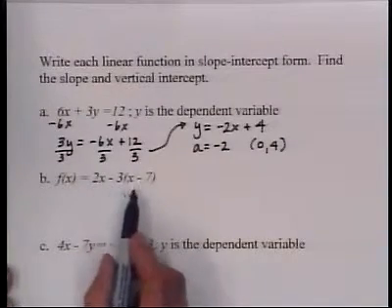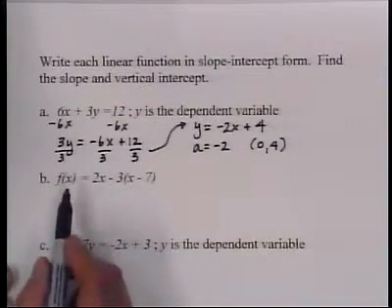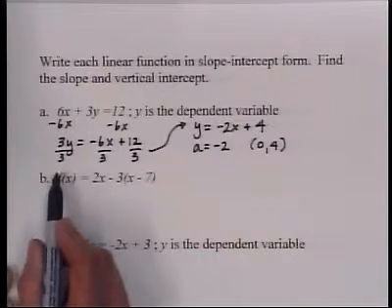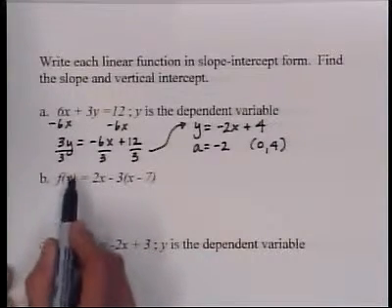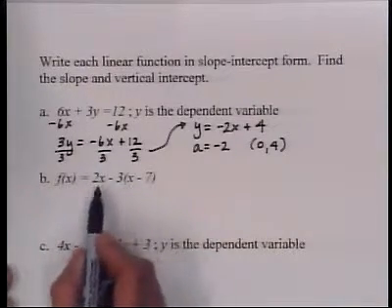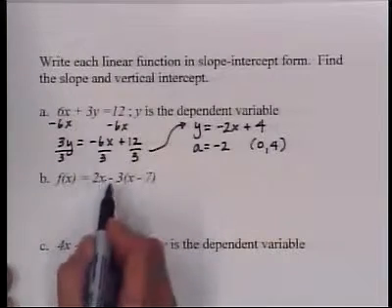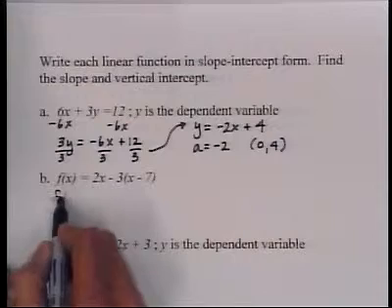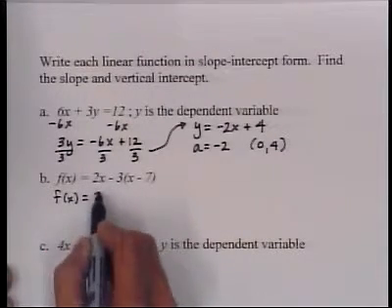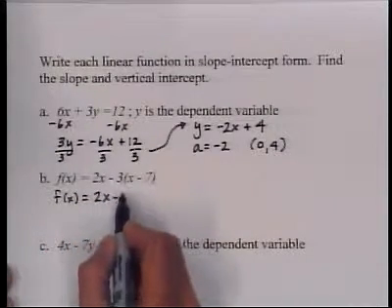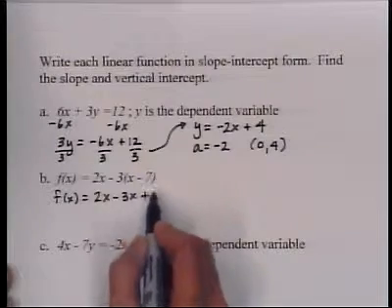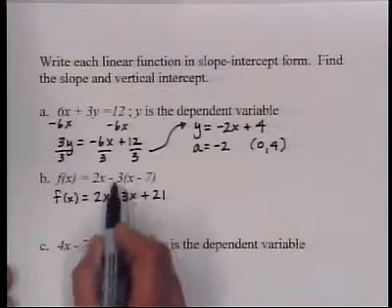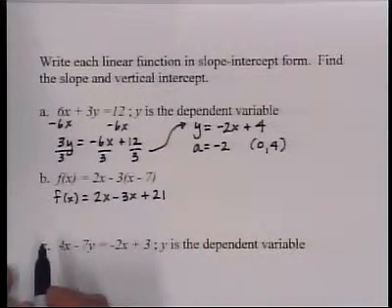Well, here's another linear function. f of x, remember, corresponds to y. So we already have y by itself, but we need to clean up the right-hand side, starting with distributing negative 3 through the parentheses, in which case we get 2x minus 3x plus 21, plus because we had negative 3 times negative 7.